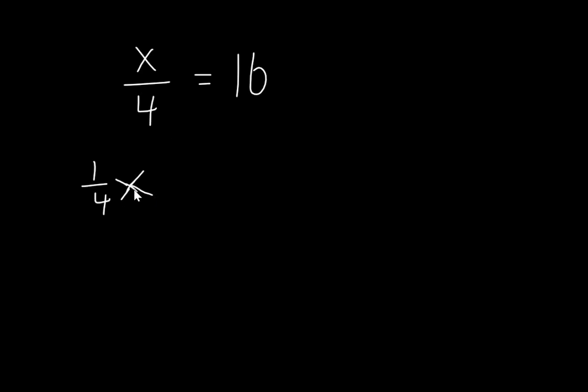Since x is equal to x over 1, together that's x over 4. In order to take out the 4, we need to multiply both sides by 4.